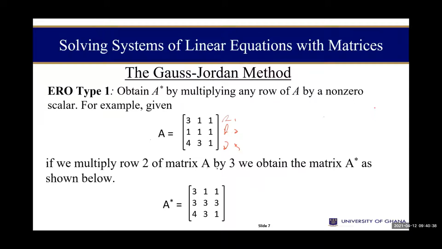So that if I'm multiplying row 2 of matrix A by the scalar 3, my new matrix, which will be A star, will be shown as below. Row 1 will still remain the same, row 3 will still remain the same. So I have 3, 1, 1, but 3 times 1, 3 times 1, 3 times 1 will give me 3, 3, 3. Then for row 3, it still remains as 4, 3, 1. What I have done is to do one of the operations.